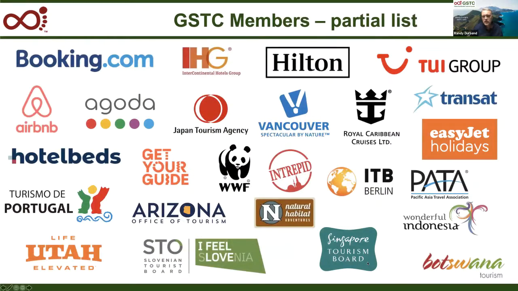A little bit more about who we are is about who our membership is. This is just a small sampling, but you can see here some of the largest brands in the world: Booking.com, Agoda.com, Airbnb, Hilton Hotels. We have 22 national members, from Japan to Indonesia to Germany, not Germany, but Portugal, and Norway and Greece, states in the United States, provinces and municipalities all over the world, many major brands, NGOs, academia, really a diverse set of members.